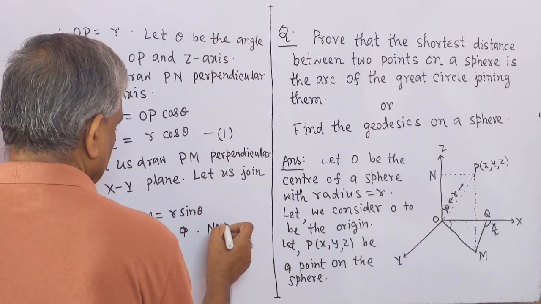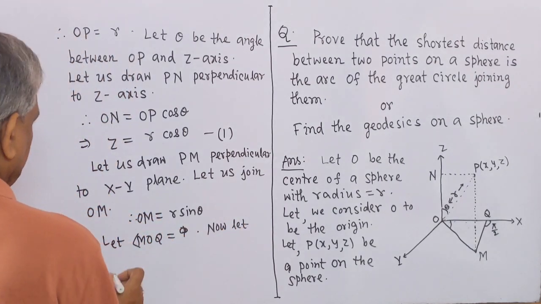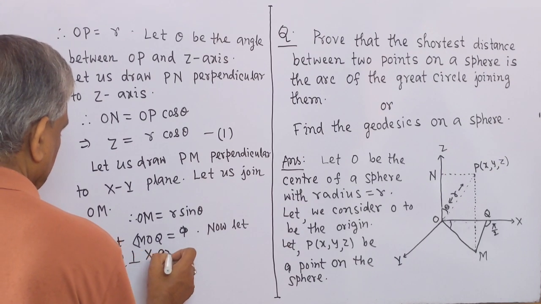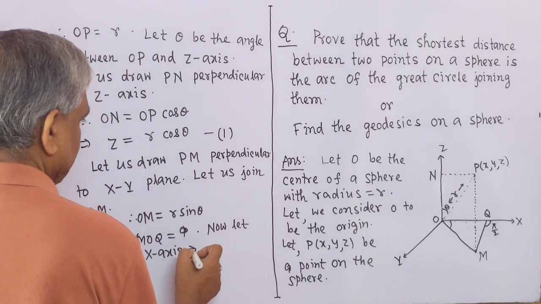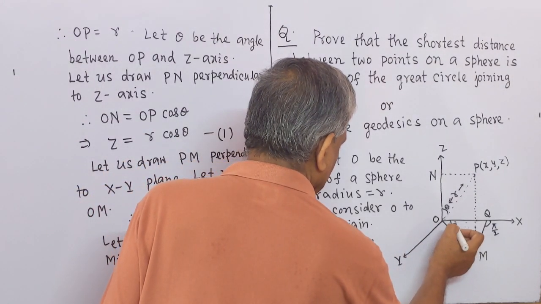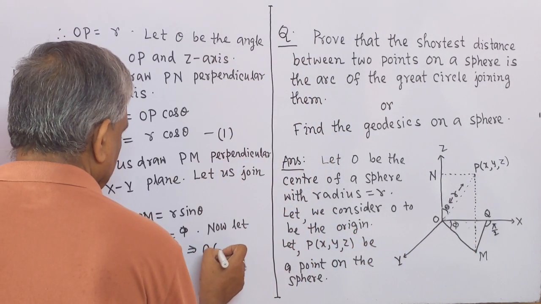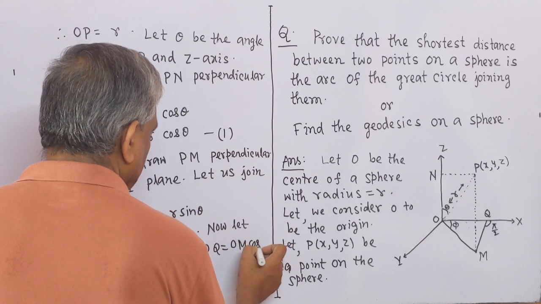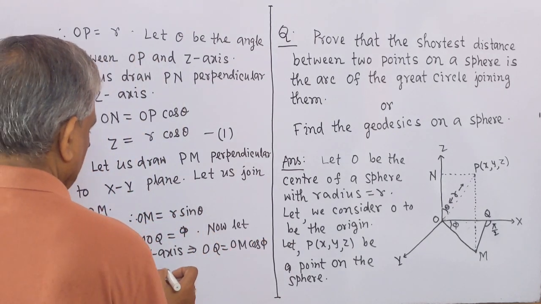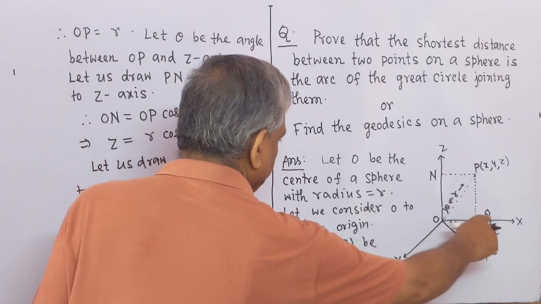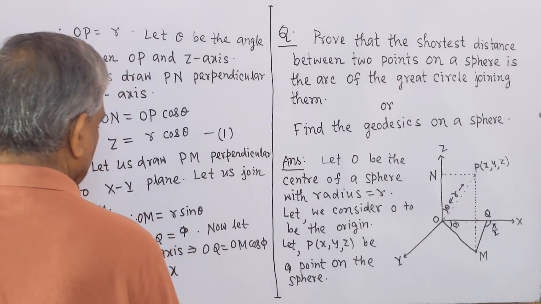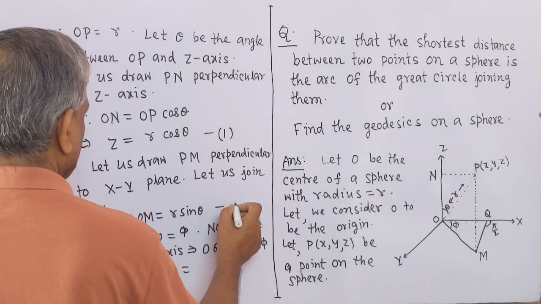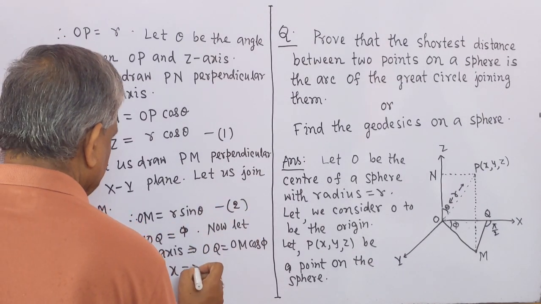Now let MQ be perpendicular to x axis, which implies that this is phi. OQ equal to OM cos phi, which implies that OQ, that is x, equal to OM cos phi, with OM being r sin theta.